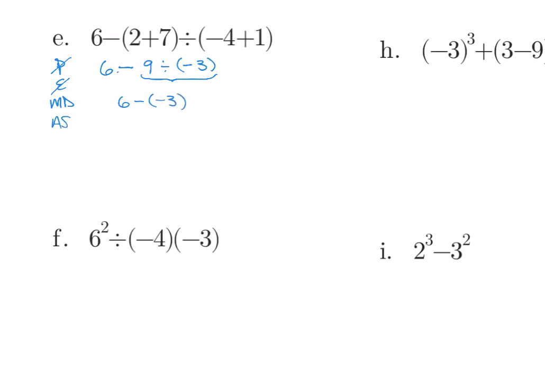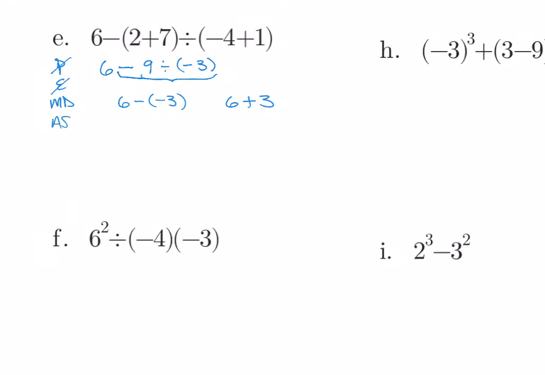Or the other way that you can think about this is you can go ahead and think of it as a negative 9. But just remember, this is 6 minus. This is a subtraction. So just remember that subtraction can turn into addition, cannot turn into a multiplication or something like that. So if we do this, we need to rewrite it as negative 9 divided by negative 3 is plus 3.